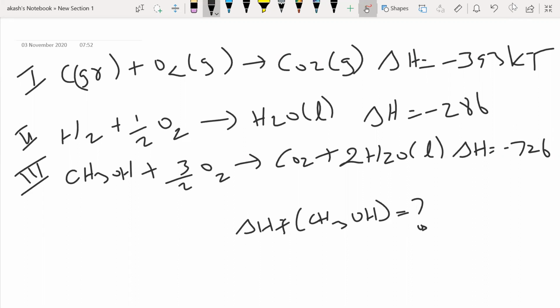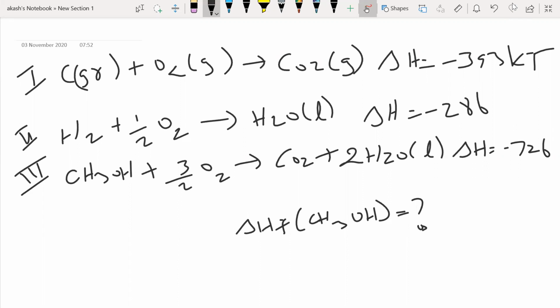Should we substitute the values of 1 and 2 in 3? We'll substitute the delta H value of H2O and CO2 in 3.